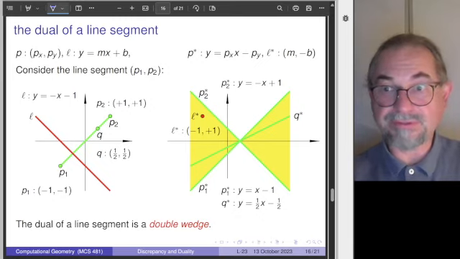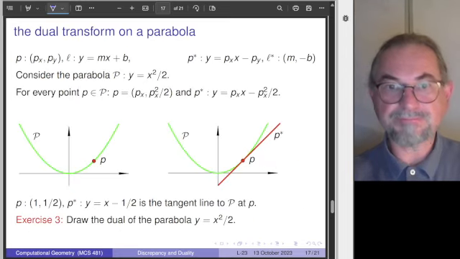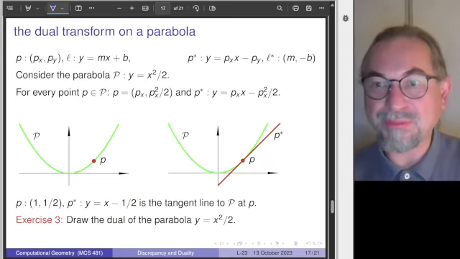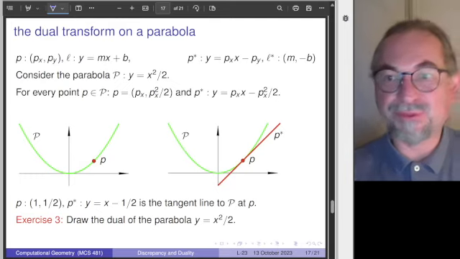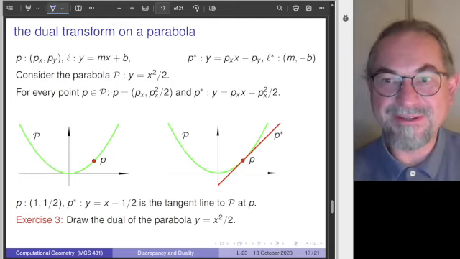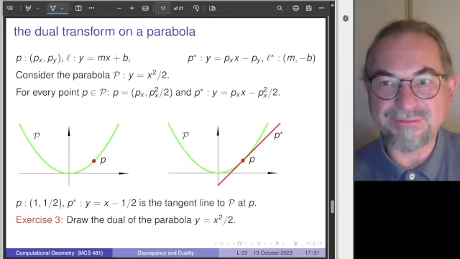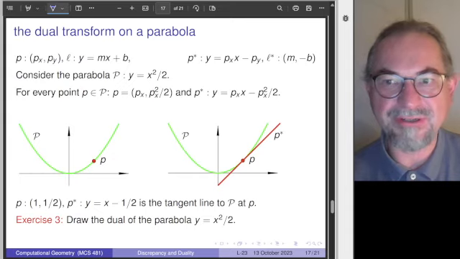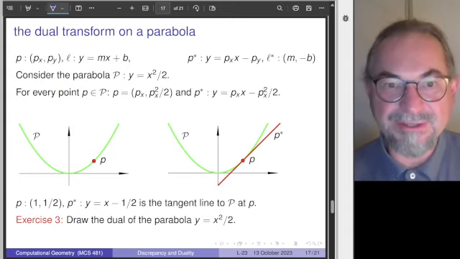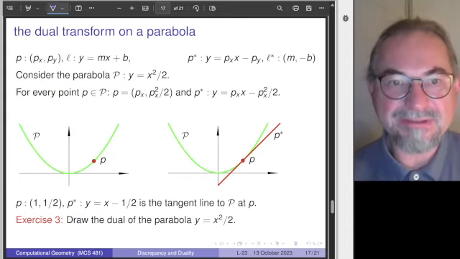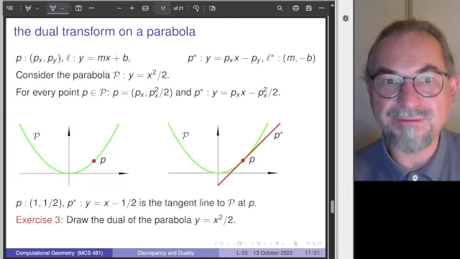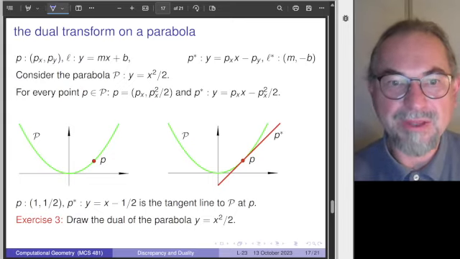Okay, we understand duality, do we? What about parabolas? We talked about parabolas a lot when we talked about the Voronoi diagrams and the beach line. So here is another way to look at parabolas. What is the dual of a parabola now?